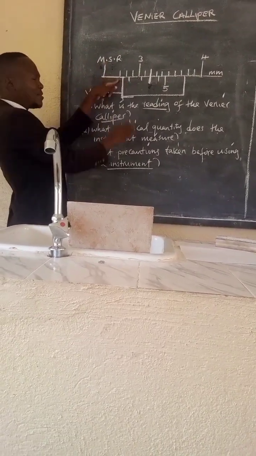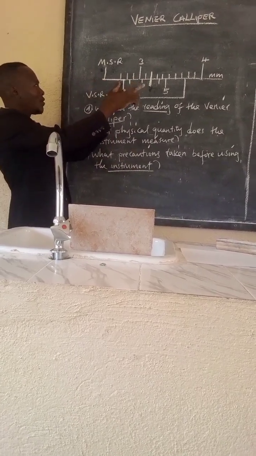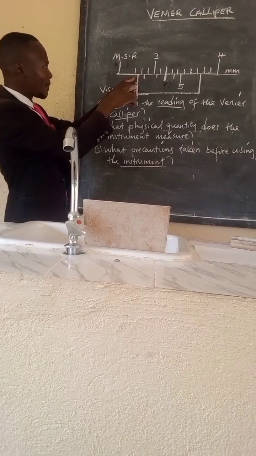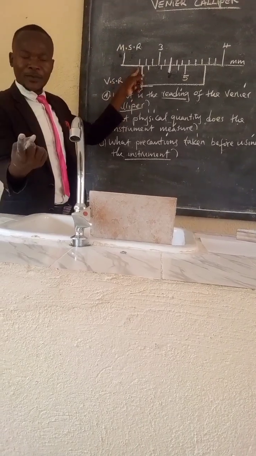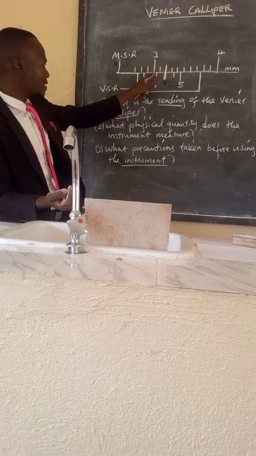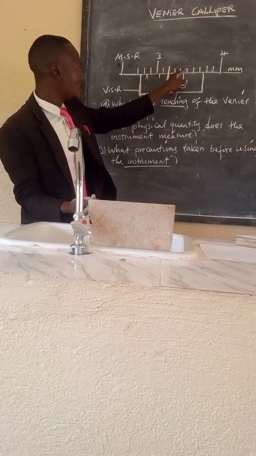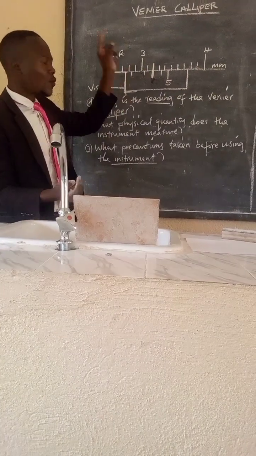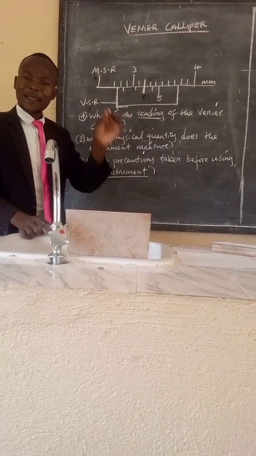Now, when counting the reading which is on top on the main scale, according to this instrument, they are using 1 unit to represent 0.1. For example, if we start with 3 here, we can see this is 1, 2, 3, 4, 5, 6, 7, 8, 9, 10. So 1 unit represents 0.1.